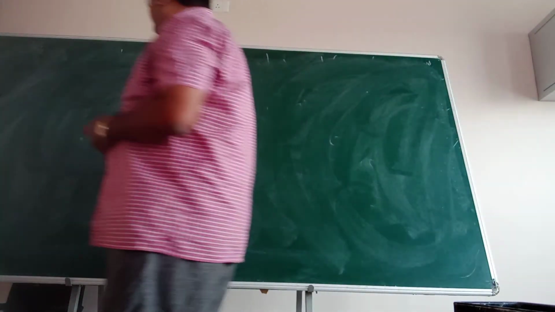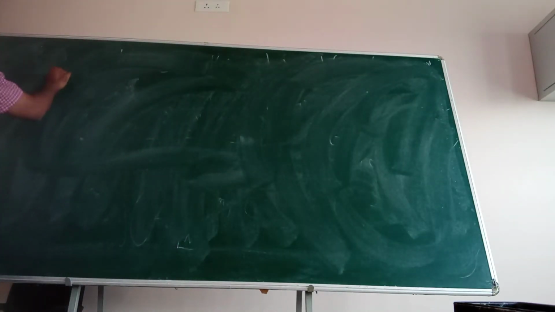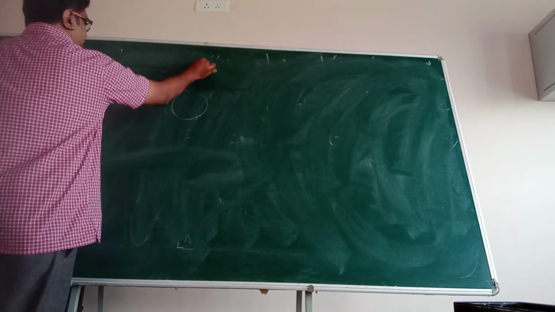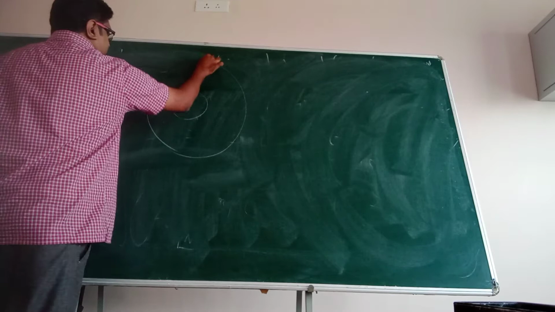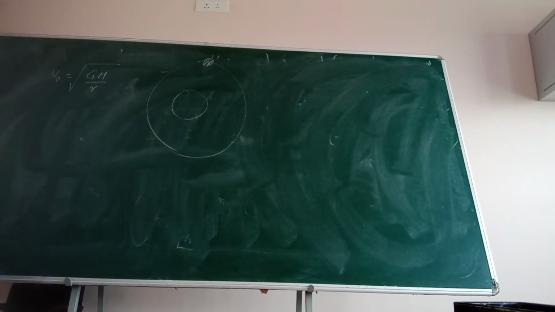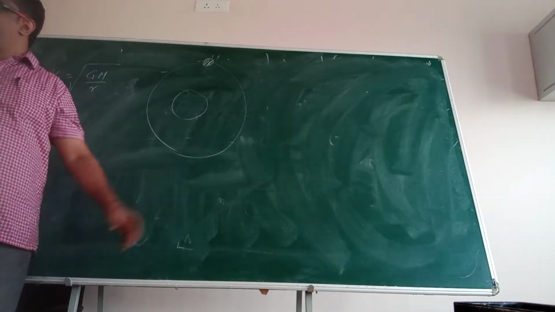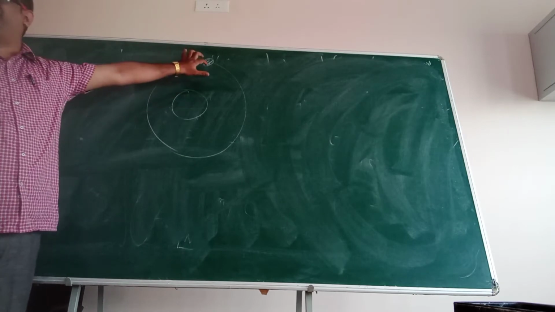So yesterday we have seen that orbital speed V0 is equal to root of GM by r. What is this small r? This is the Earth. There is a satellite, a man-made satellite, artificial satellite, which is rotating in a particular orbit.